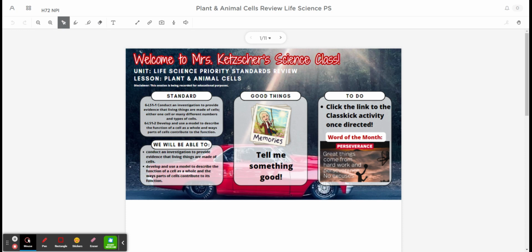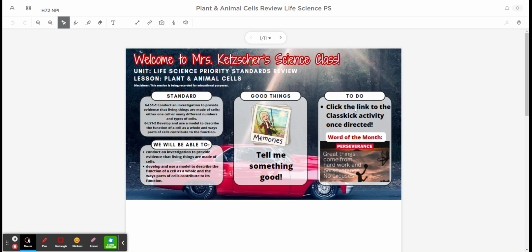So once we're done with the lesson, we'll be able to conduct an investigation to provide evidence that living things are made of cells, develop and use a model to describe the function of a cell as a whole and the ways parts of the cells contribute to its functions.